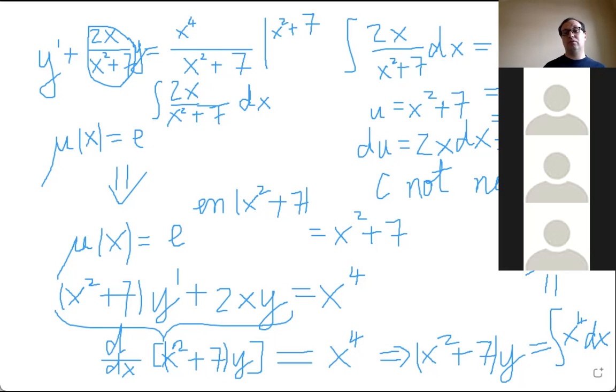So now we know that x squared plus 7 times y is equal to this. So y then is equal to x to the 5th over 5 plus a constant, divided by x squared plus 7.